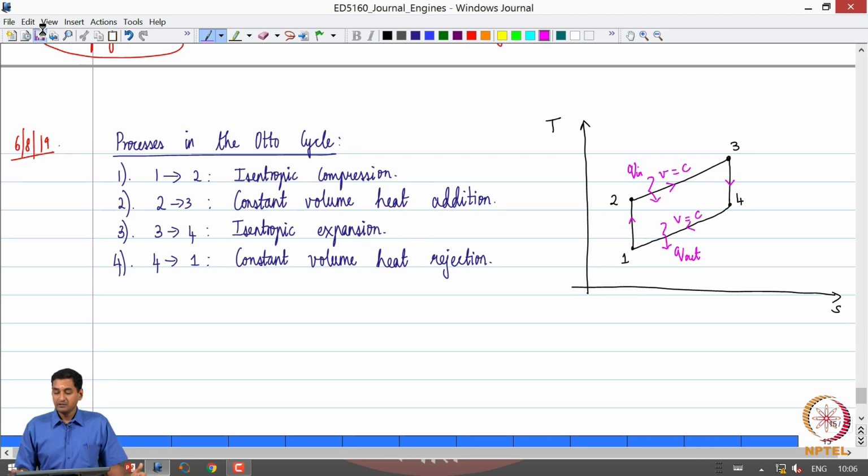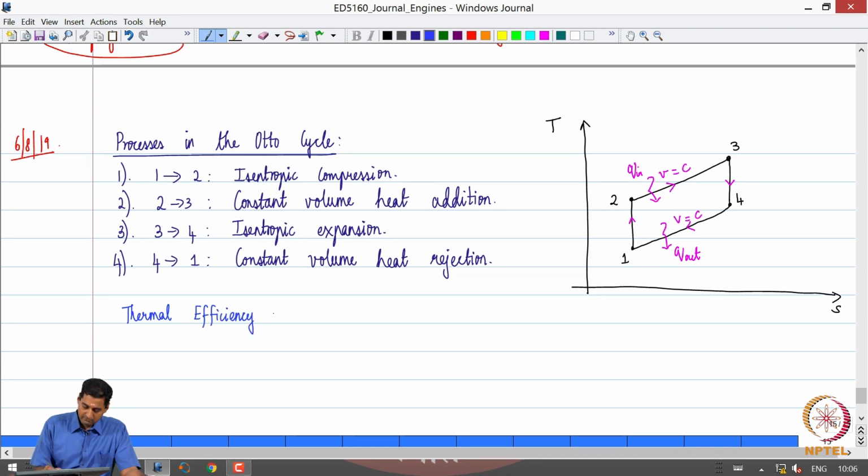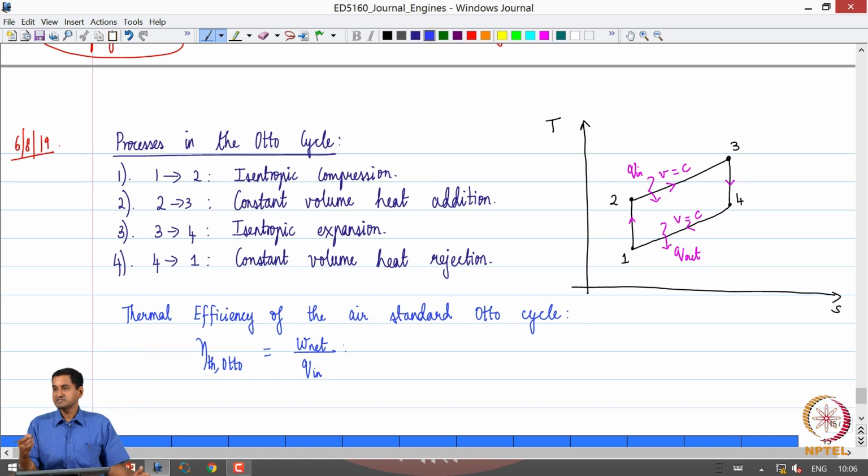Now if I were to obtain an expression for the thermal efficiency of the air standard Otto cycle, you can immediately see that the thermal efficiency is going to be the net work done divided by the net heat which is input.